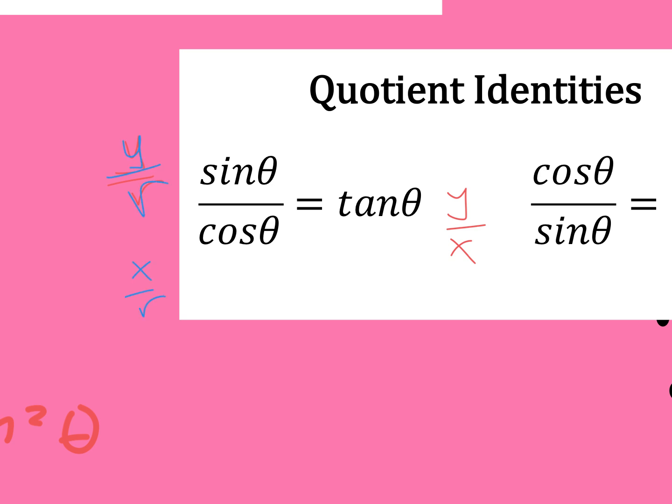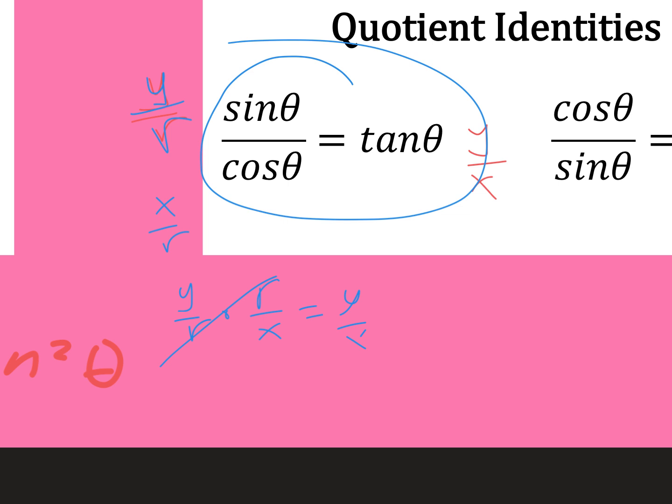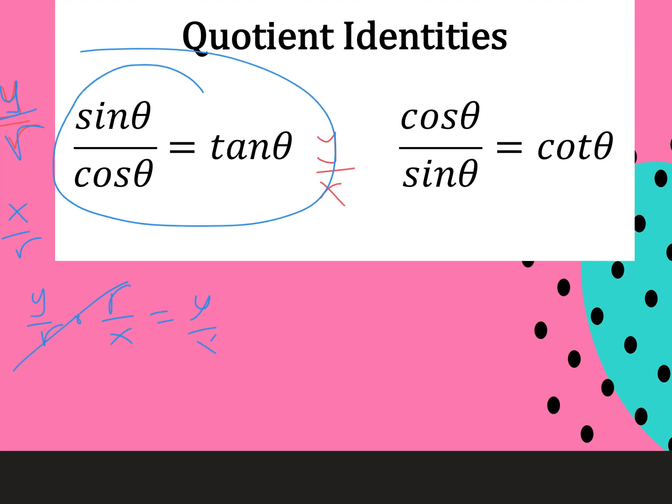If you were to divide those two, it would be y over r times r over x, right? This will cancel. You get y over x. That's where these two things, sine divided by cosine, is always going to give you tangent. And then cosine over sine is going to give you cotangent. You will start to use those things in a little bit. Not right now. What I need you guys to do is write this down.